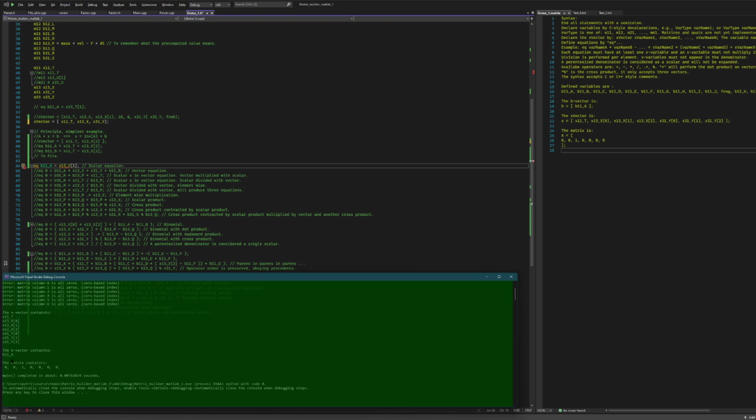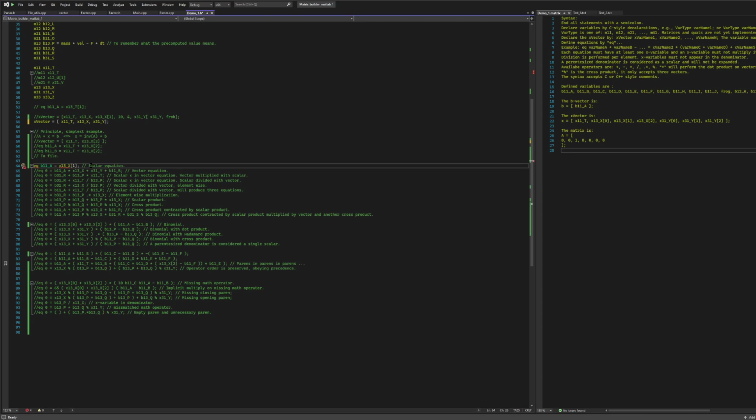Anyway, another example of a simple scalar equation. You can see the b vector and the coefficient of the equation. And the second one is a little bit more tricky to do by hand, because this is a vector equation, and this is the dot product between, no, this is multiplication.